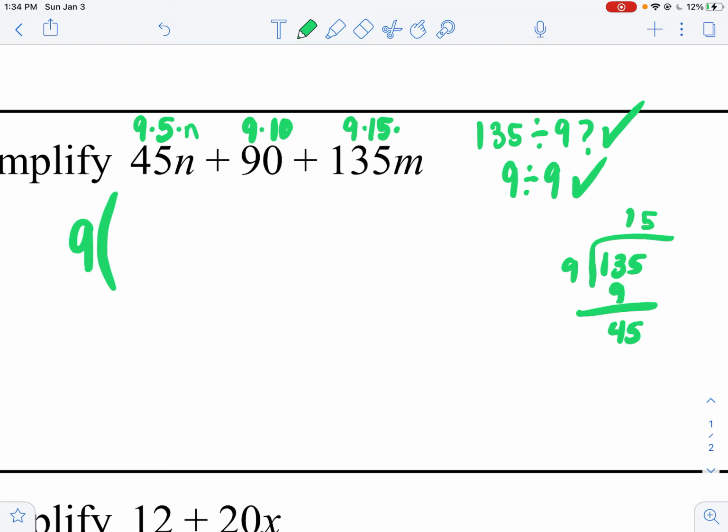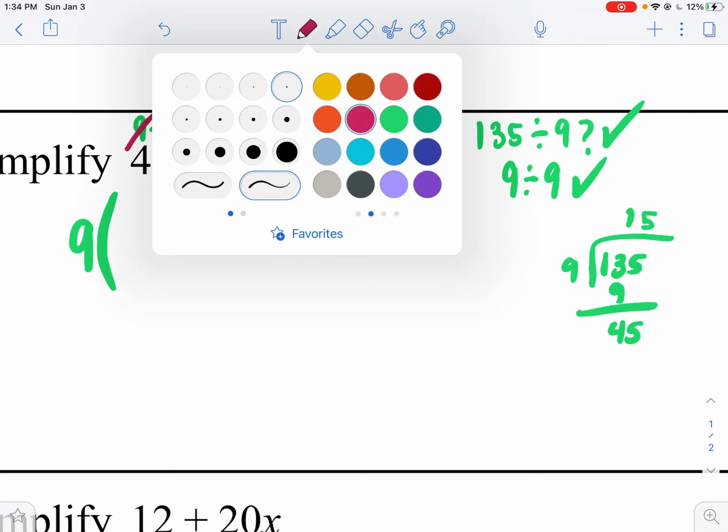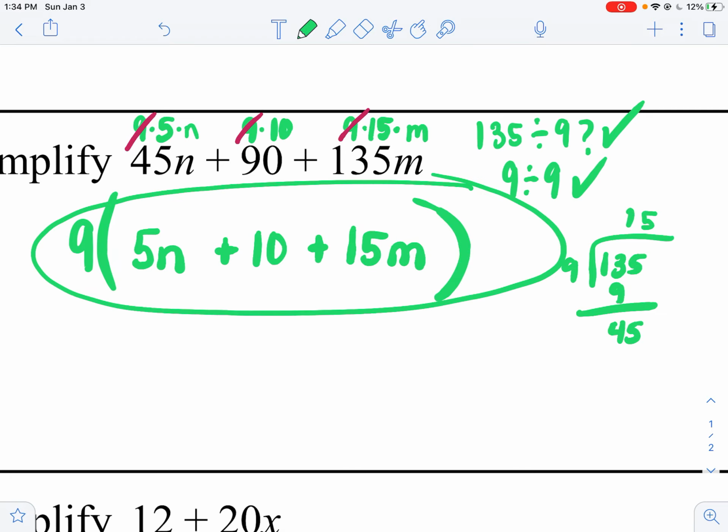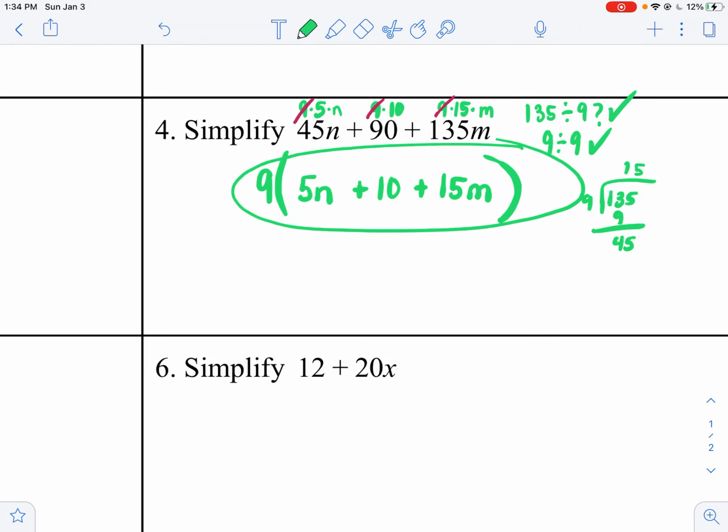And I shouldn't forget my n here, and I shouldn't forget my m here. All right. Now, if I'm taking out a factor of 9 in all of them, I am left with 5n plus 10 plus 15m. And that is my final answer, simplified by factoring.